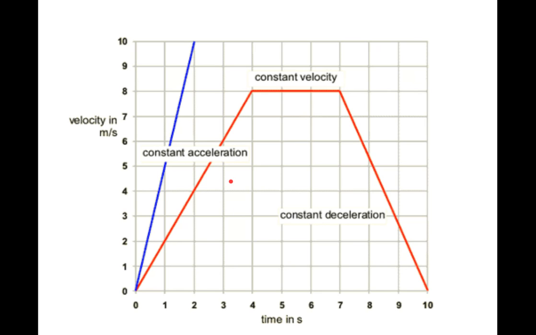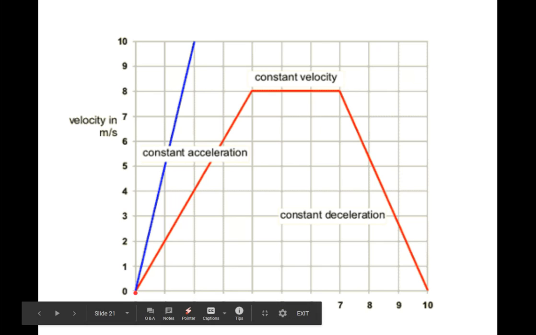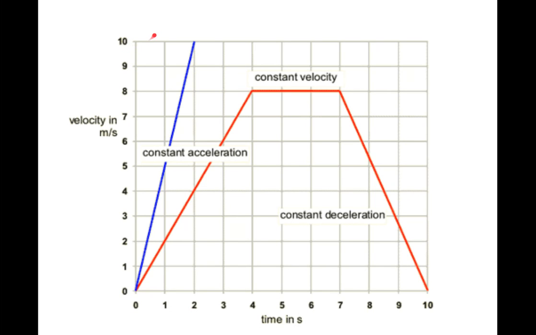So, like of the blue line, this blue object moving, what's its acceleration? Well, how would we know? It goes from a velocity of 0 to a velocity of 10. So that's a change of 10. So it's 10 divided by how many seconds did that take?